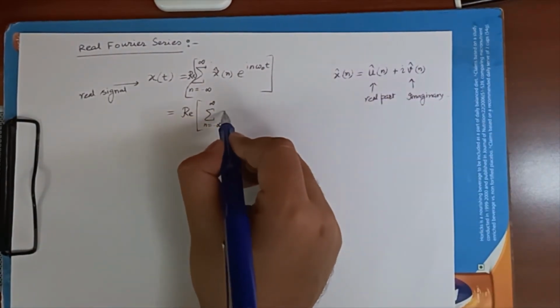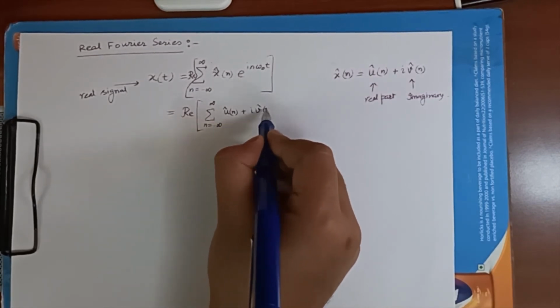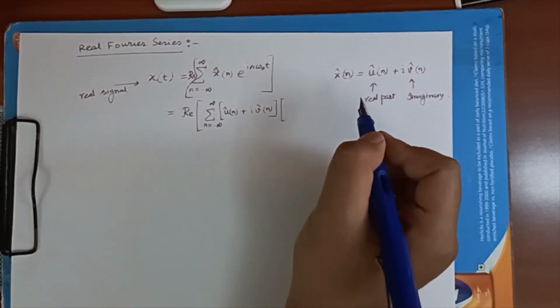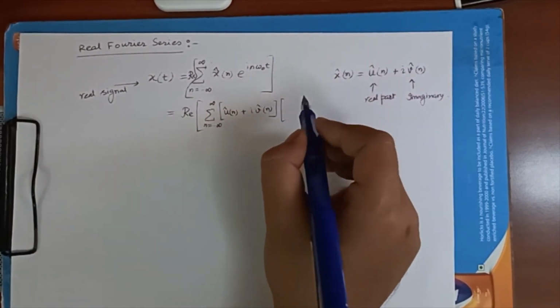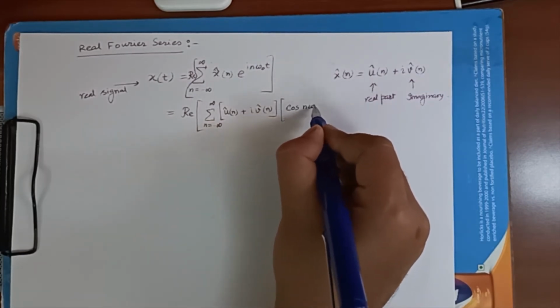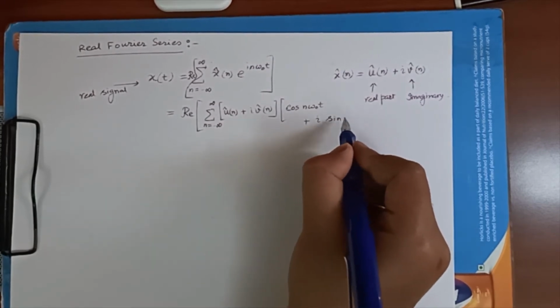Then we can write that as u hat n plus i v hat n times e to the power i n omega 0 t. Apply Euler's identity: this is cosine n omega 0 t plus i sine n omega 0 t.